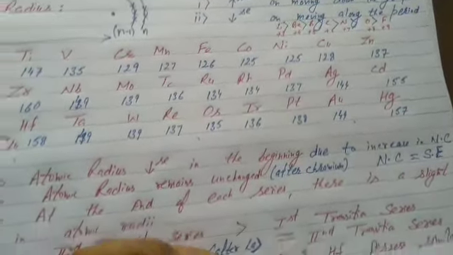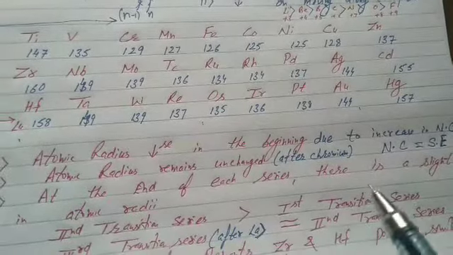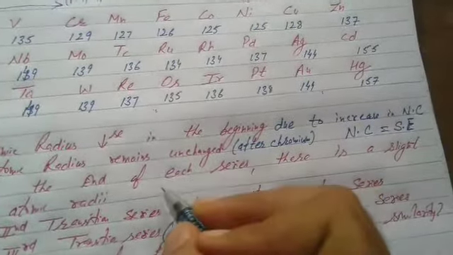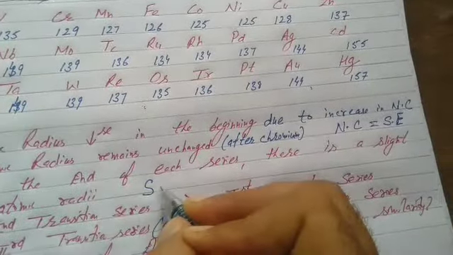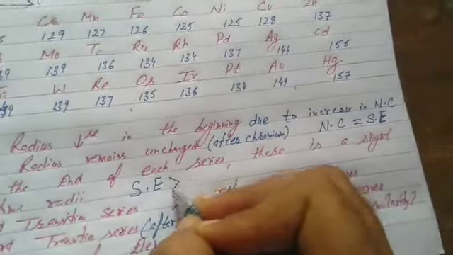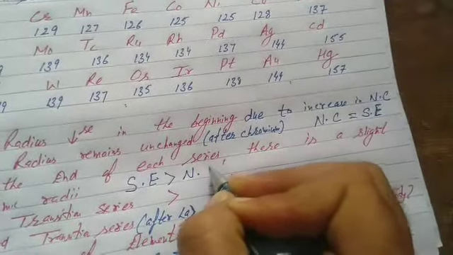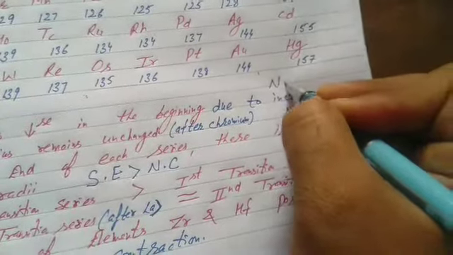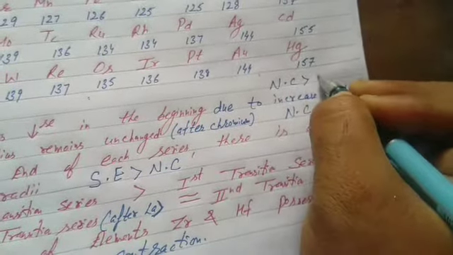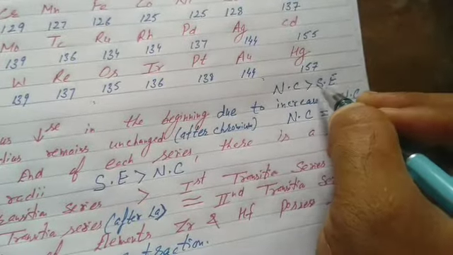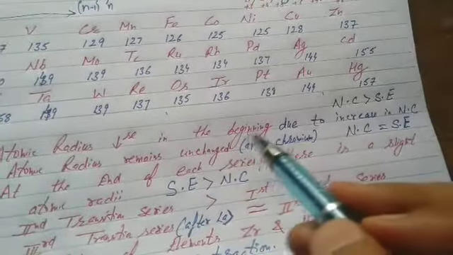At the end of each series, there is again a slight increase in atomic radius because at the end of the series, the magnitude of screening effect is dominating over nuclear charge. That's the reason. At first, nuclear charge is dominating over shielding effect, so there is a decrease in the size.